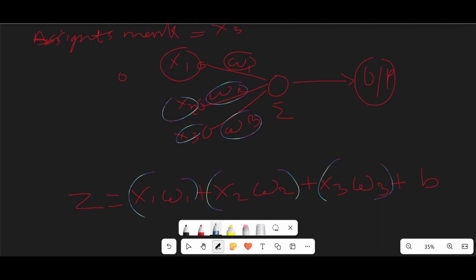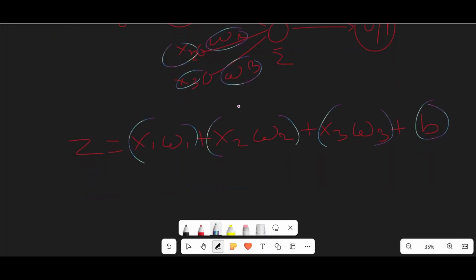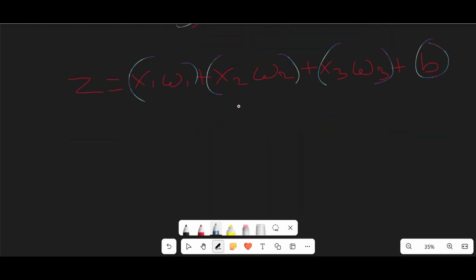Next, the bias is added. After that, the activation function decides the final result. Finally, the neuron produces the output. This process happens very quickly inside an AI system. We will see the activation function in the next part.